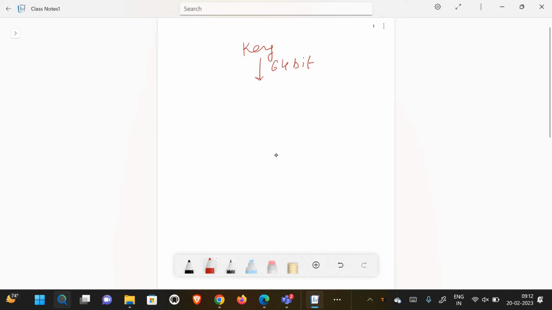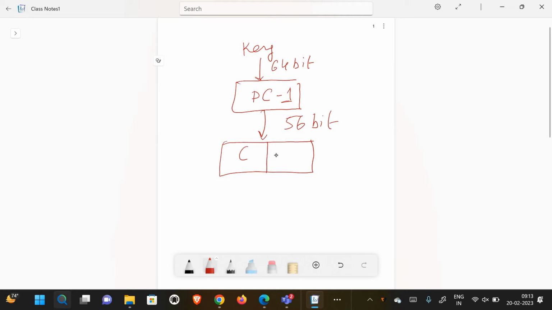Alright, so we have the key which is of 64-bit, and based on the process that you mentioned, we are going to something called PC1, or Permuted Choice 1, in which the 8th bit is discarded. So now we are getting 56-bit, and as per our rule, we are dividing that into 2 halves, which we are calling C0 and D0. Both of these will be 28-bit each. So this is where we actually stand right now.